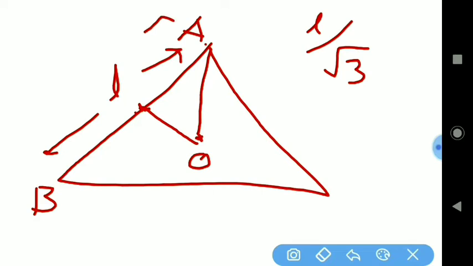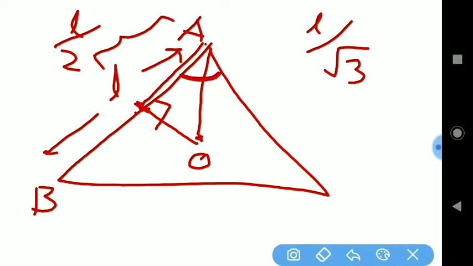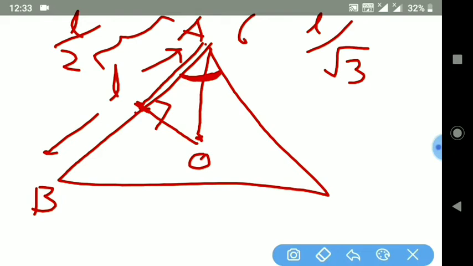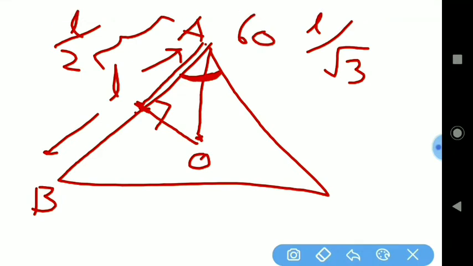So this much distance from A to this point will be half of L, that is L by 2, and here it makes a 90-degree angle. Now as this is an equilateral triangle, this angle will be 60, and this much angle will be half of 60, that is 30.